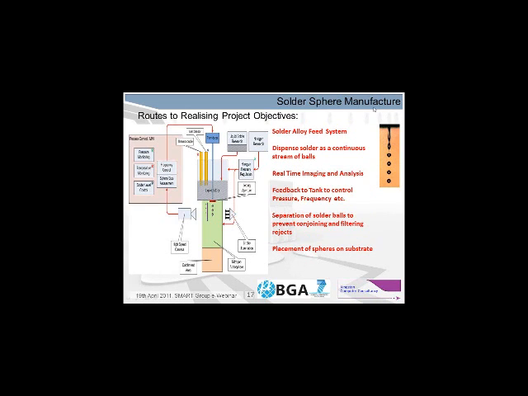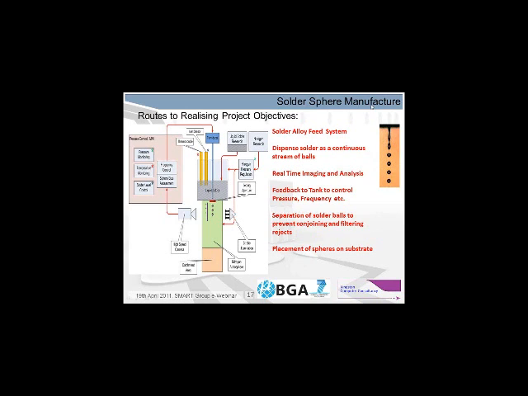I believe you can all now see the solder sphere manufacture diagram that I'm seeing on my screen. If there's any delay in presenting this, then please flag it to Bob, and he'll flash a little message on my screen. But hopefully you're all getting what I'm getting right now, which is the solder sphere manufacture.